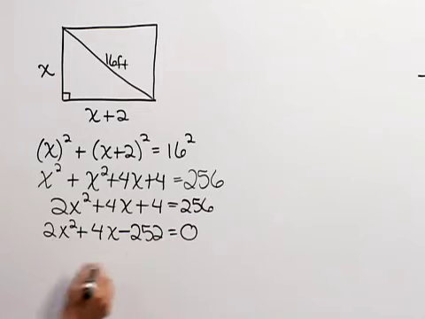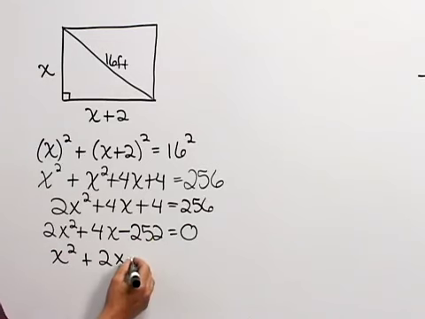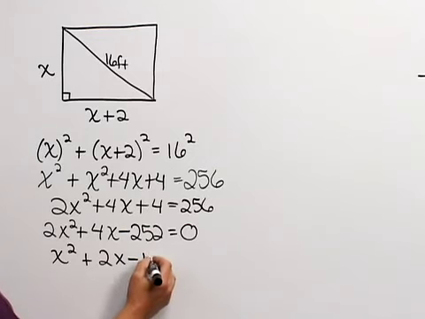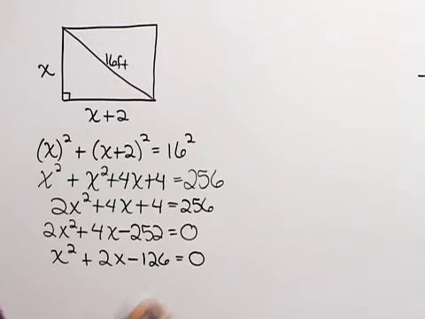If I divide everything by 2, that will give us x squared plus 2x, and then negative 252 divided by 2 equals negative 126, and 0 divided by 2 is 0. Now we can use the quadratic formula to solve this.